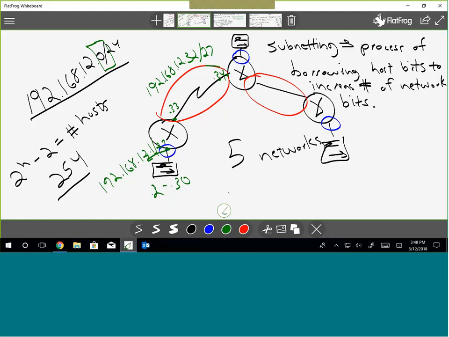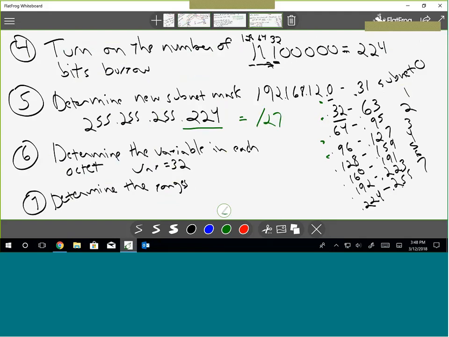Now, let me ask you this. How many hosts are left on each one of these networks? Can you tell me? Use my formula: 2 to the n minus 2 equals the number of hosts. How many zeros do you have left in the host portion?